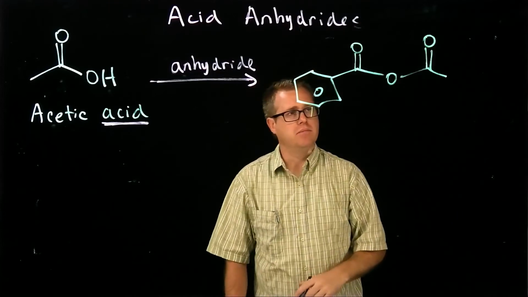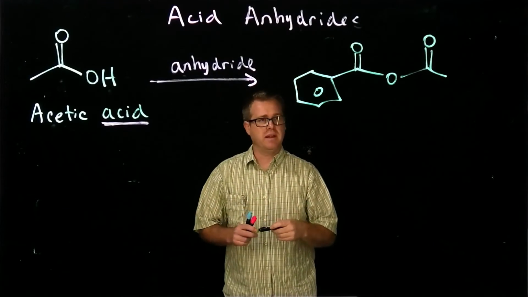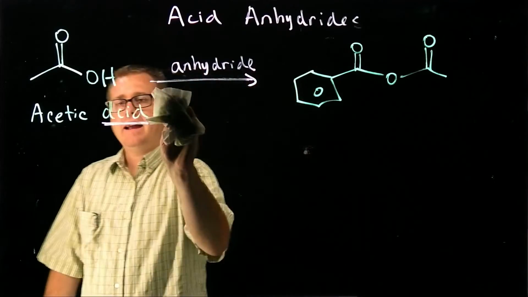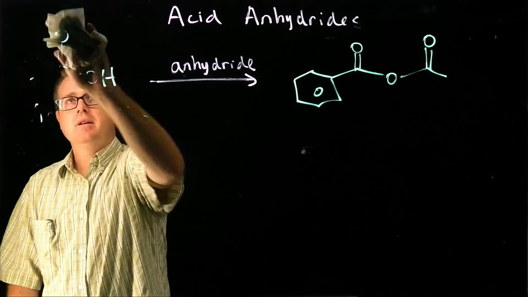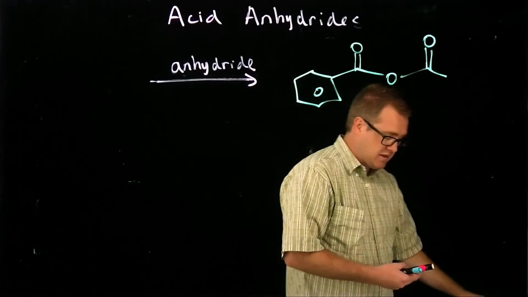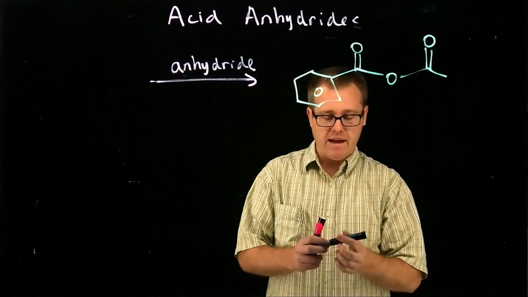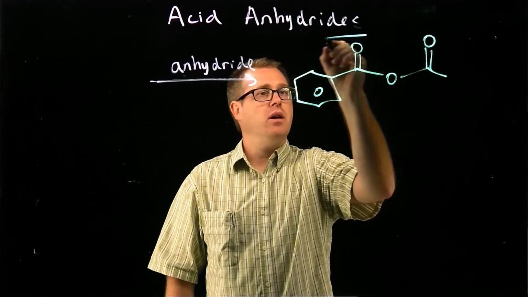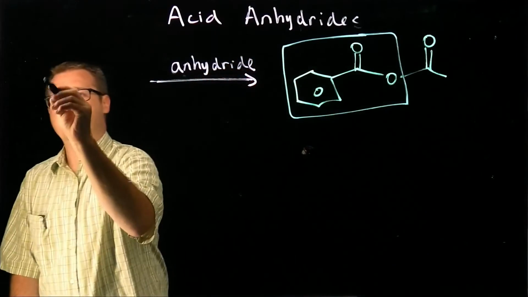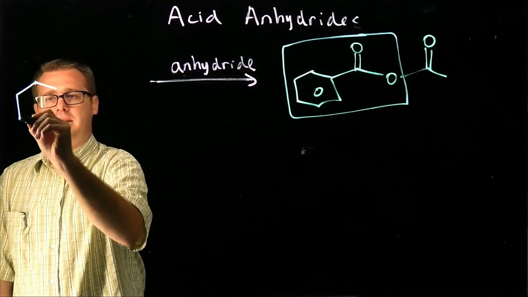Something like that. How would we name that? Well, we've got to go back and look at each carboxylic acid that it was derived from. So I'll go like this. So that would give me a molecule that looks like this guy.